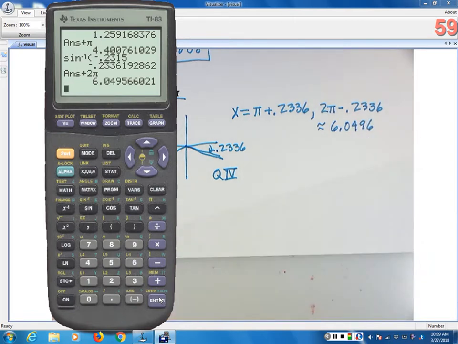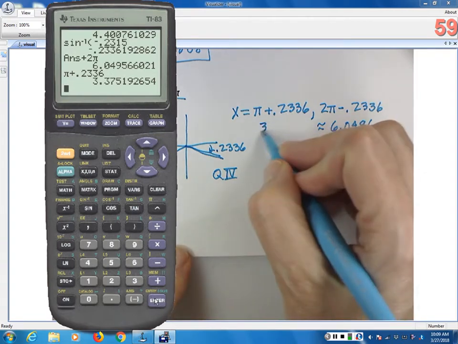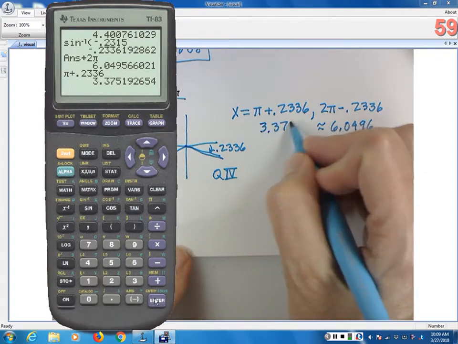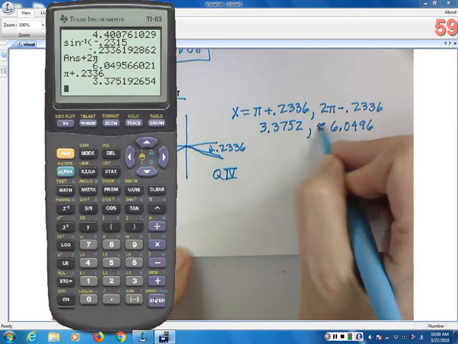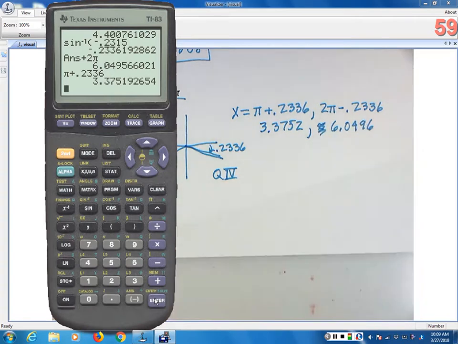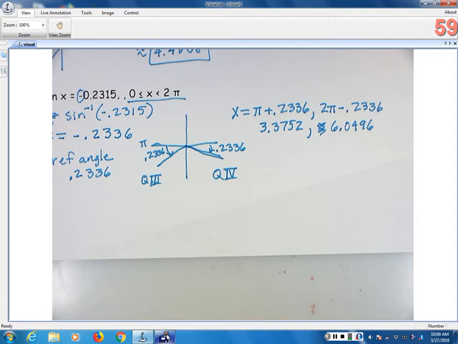And the other answer is second pi plus 0.2336, about 3.3752. Okay, those are the two answers. Those are approximate. So that's how you do those problems.